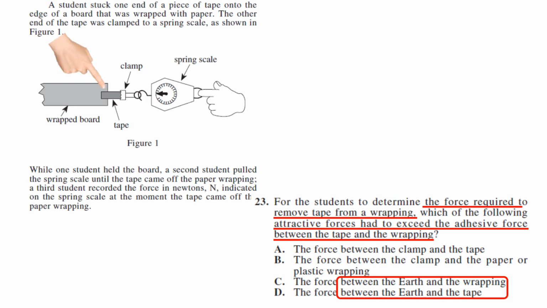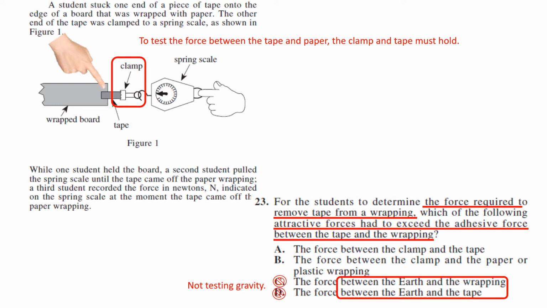When we see C and D, the force between earth and wrapping or earth and tape, we're not testing gravity, so we know C and D are out. If we look here, right, the force between the clamp and the tape is what we have to exceed, right? If that breaks, we can't test the force required to remove the tape in the paper or the wrapping. So your answer has to be A.